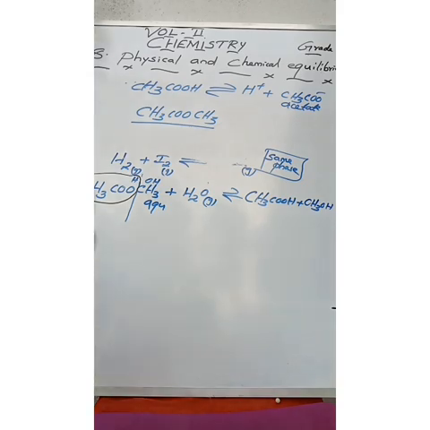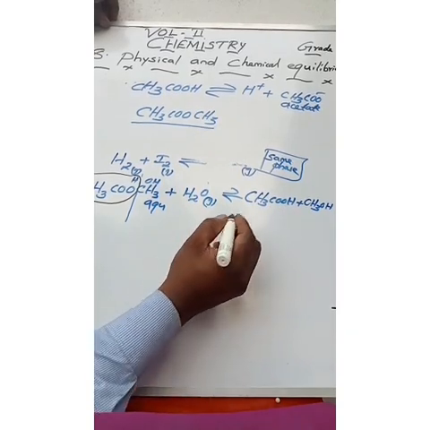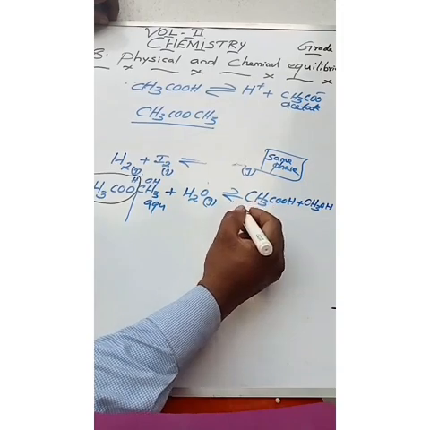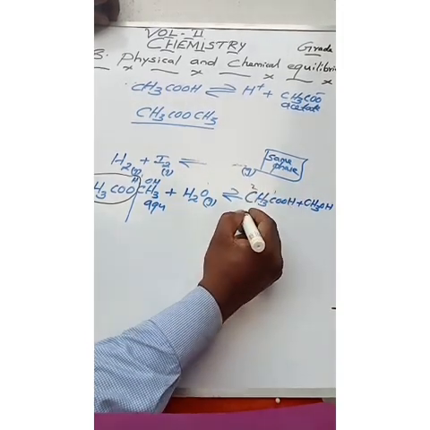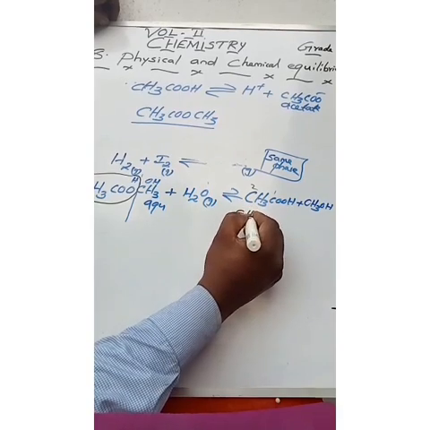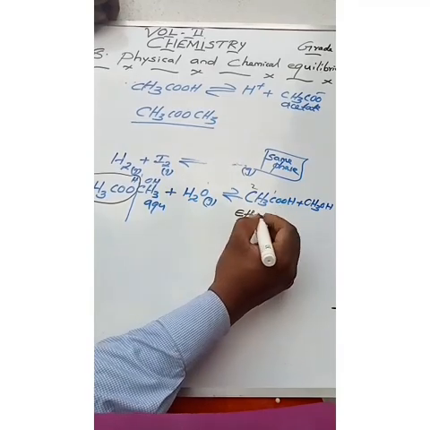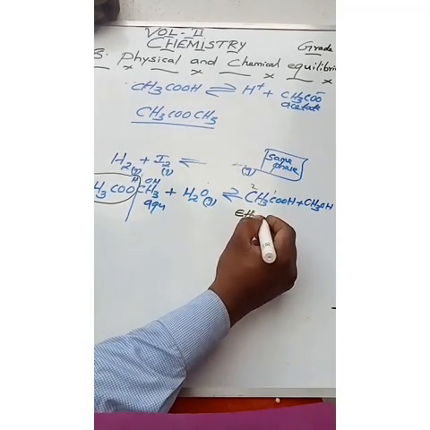Can you say what the IUPAC name of acetic acid is? How much carbon is there? 2 carbon, so you have to say Eth. Am I right? Eth is the root word. Already I said about those rules. Root word, and then you have to say single bond, double bond or triple bond.